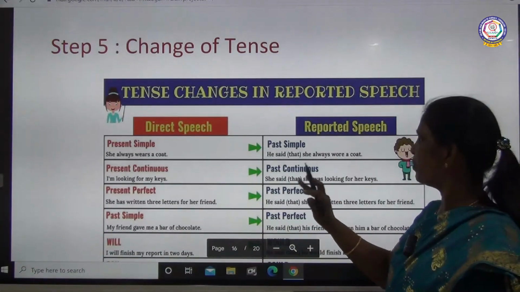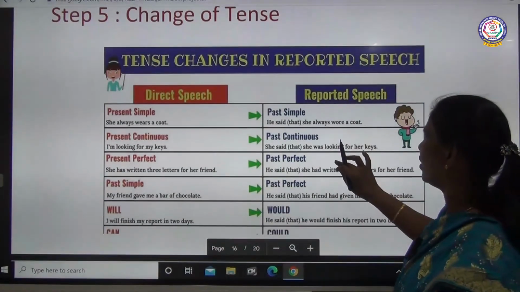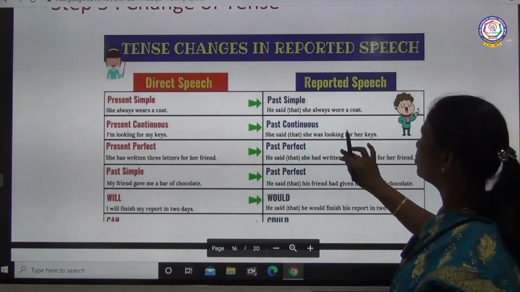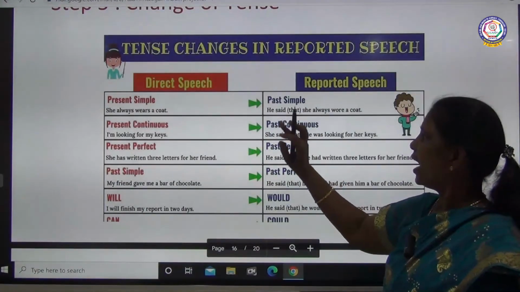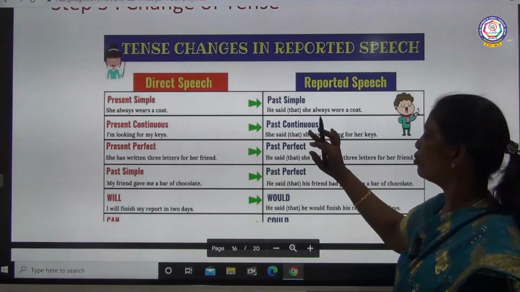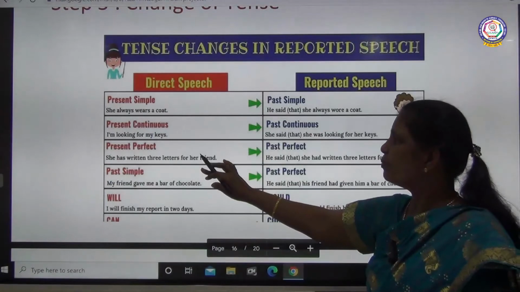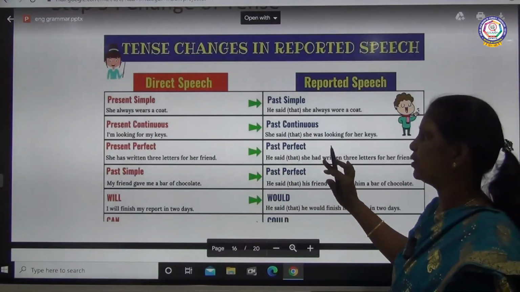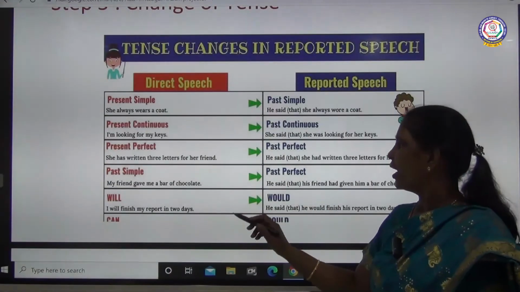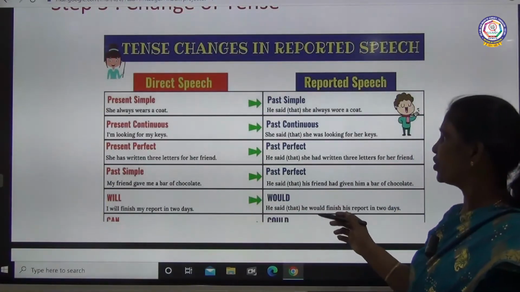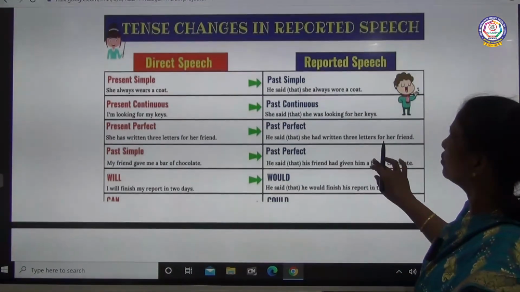This is simple past tense and present tense, direct and reported speech. So simple present will take simple past, and present continuous will change into past continuous. Present perfect will change into past perfect. Simple past will change into past perfect, and will, can and all be changed into would, like that. So we will see this.